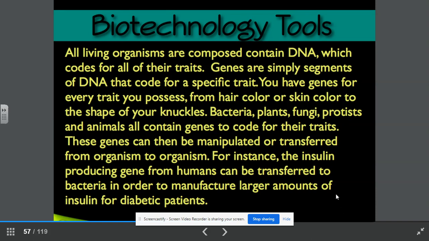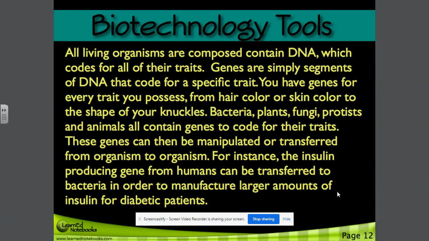Next, we'll talk about genes in the second column. All living organisms contain DNA, which codes for all of their traits. Genes are simply segments of DNA that code for a specific trait. You have genes for every trait you possess, from hair color or skin color to the shape of your knuckles. Bacteria, plants, fungi, protists, and animals all contain genes to code for their traits.